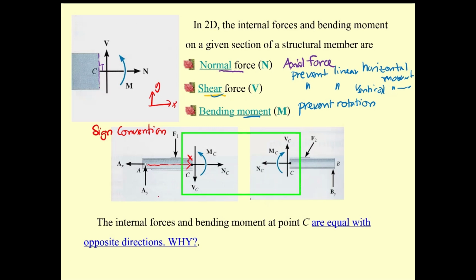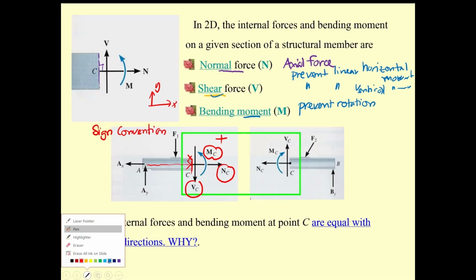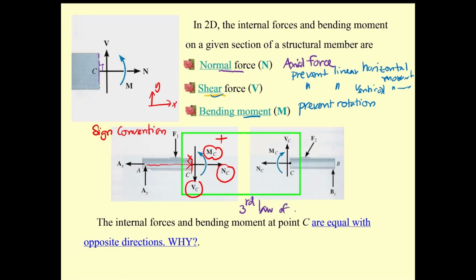Then if you cut at x, the normal force, shear force, and bending moment specified here are going to be positive. Anything opposite is going to be negative. In another free body that has been cut on the opposite side, you have to follow the third law of Newton.